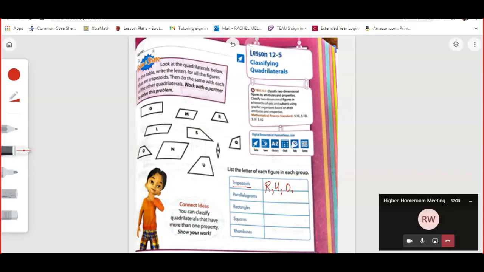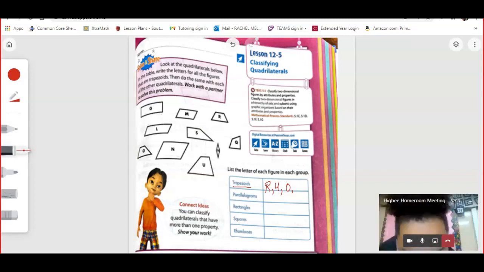All right. Making notes of who's getting points today. Jada, there's one more trapezoid. Which one is it? Q. I would not say... Oh, wait. Yes, you're right.